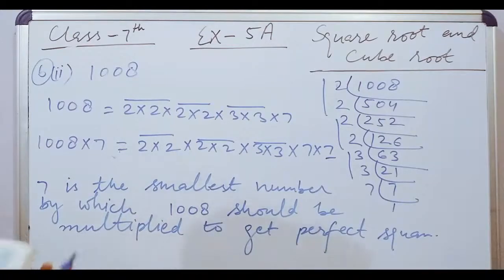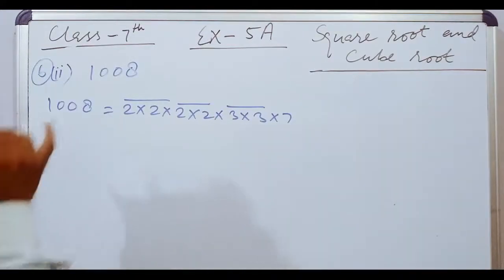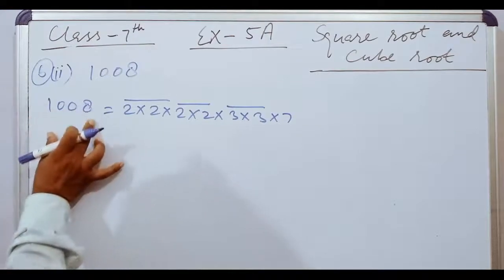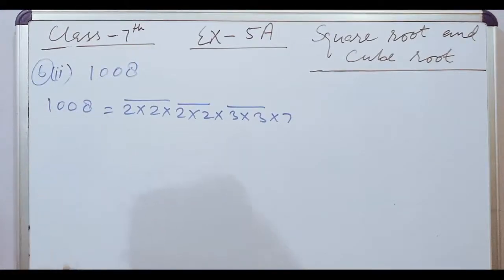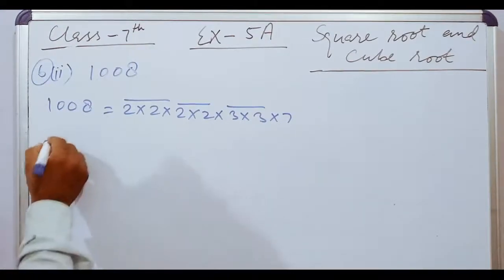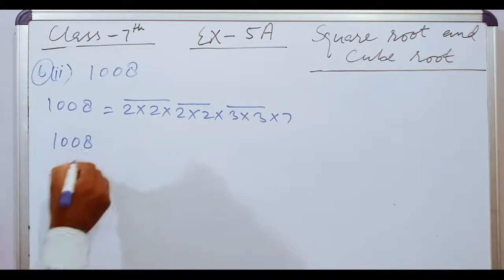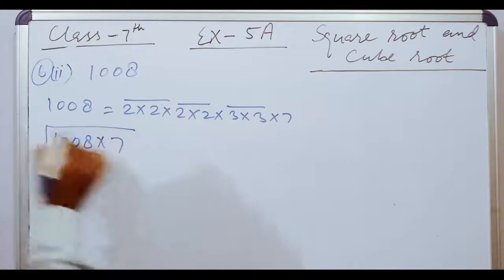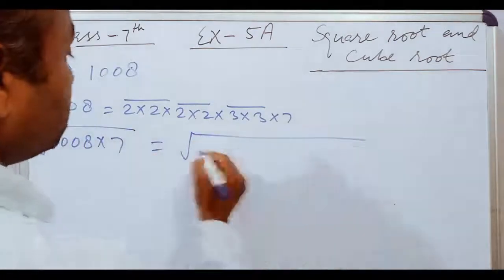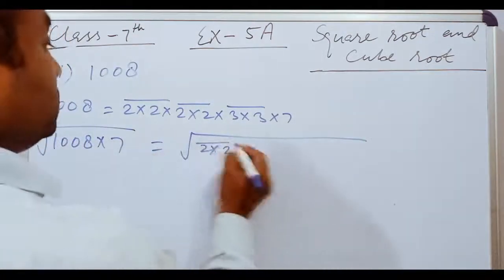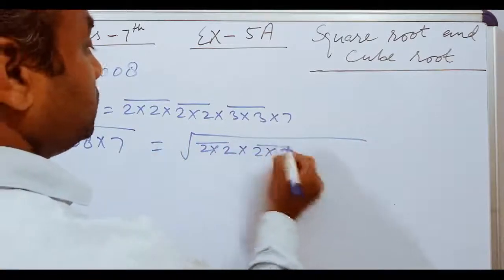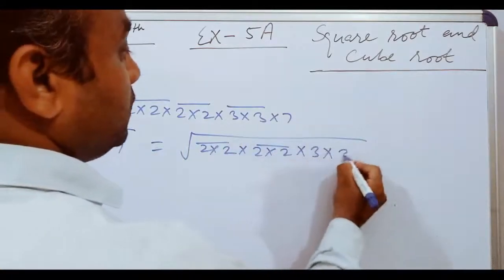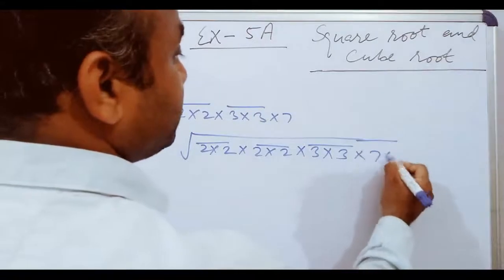Okay, now we have to find the square root of this square number. So what is the square number? 1008 into 7, and we have to find the square root of this. So it is 2 into 2, 2 into 2, 3 into 3, and 7 into 7.